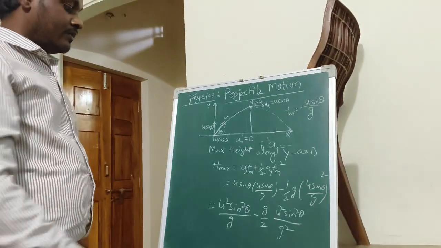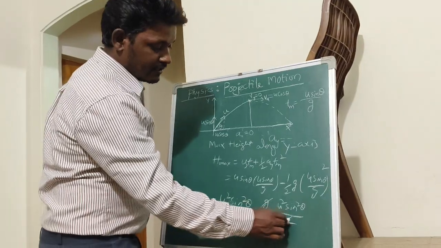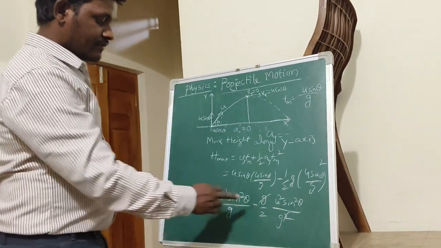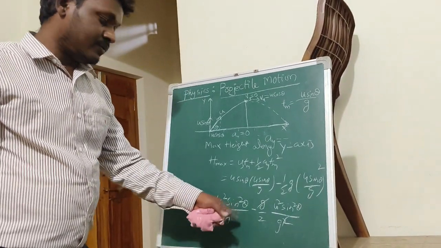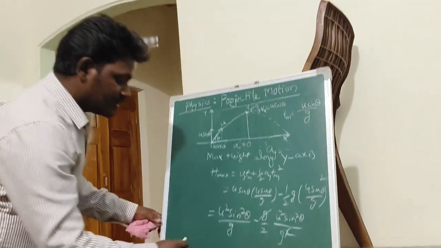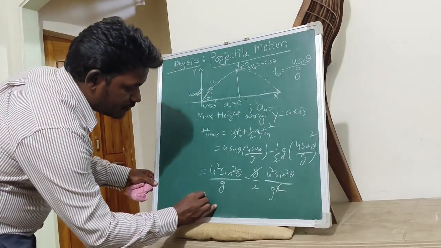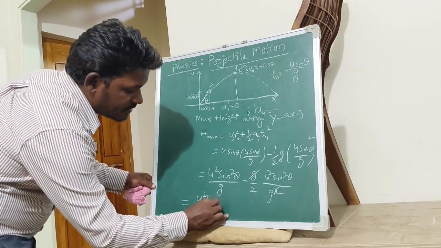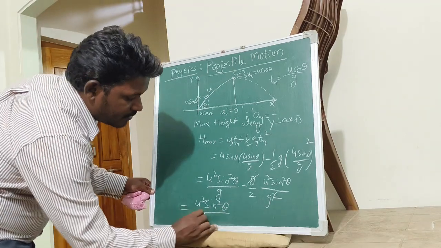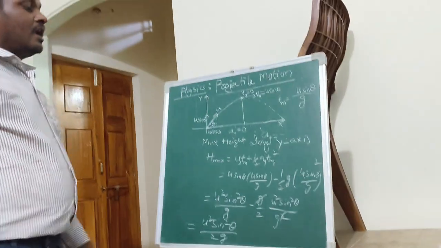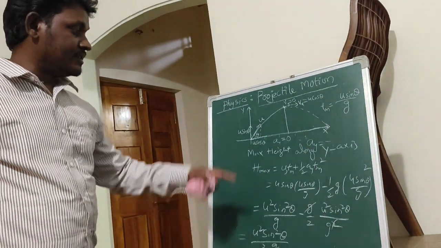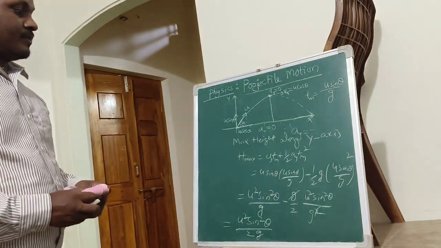If you cancel one g here, you will get 2g. From this, if you take the LCM and simplify, you will get u square sin square theta by 2g. This is the maximum height that the projected body reaches.